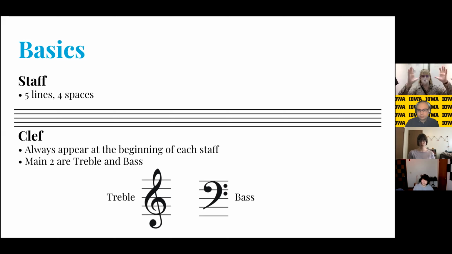So always at the beginning of each staff there is a little symbol that we call a clef. The main 2 we use in music are treble, which is for higher pitches, and bass clef, which is for lower pitches.